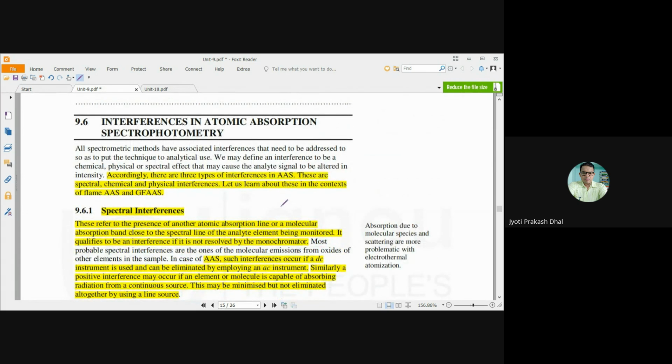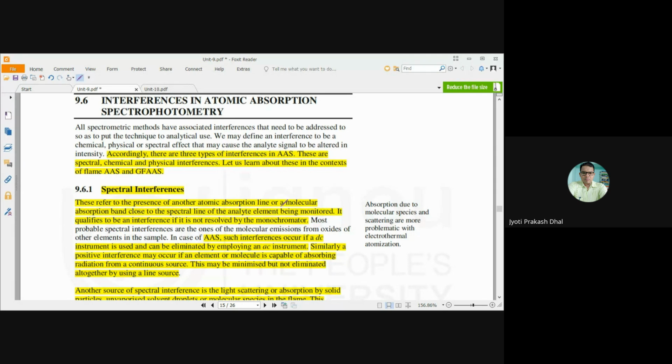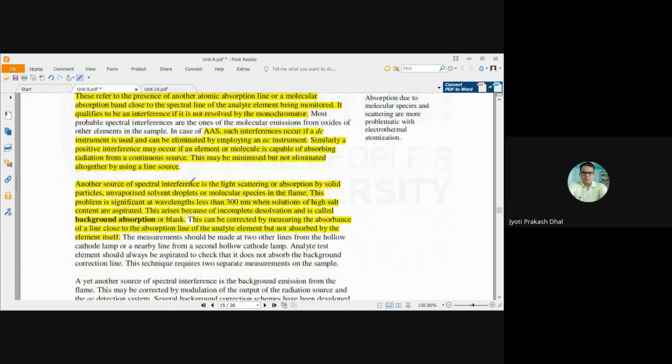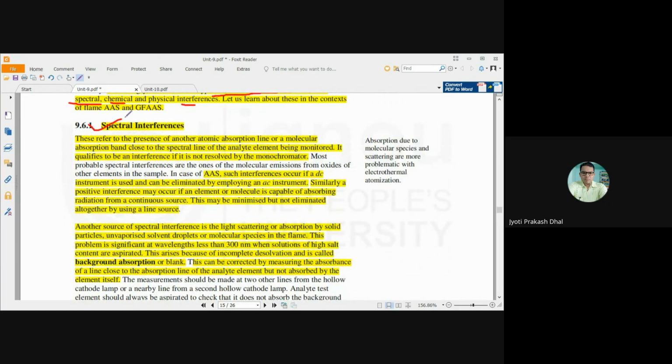Now coming to the interferences in atomic absorption spectrophotometry. There are three types of interferences in AAS. First is spectral interference, then chemical interference, then physical interference. First we'll discuss the spectral interference.